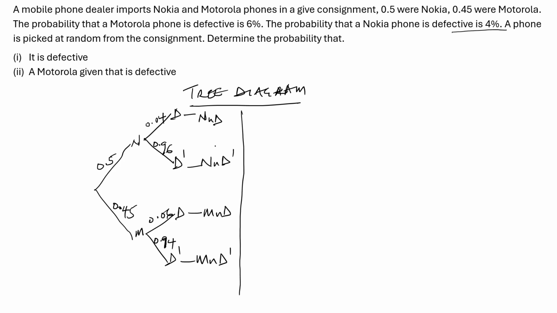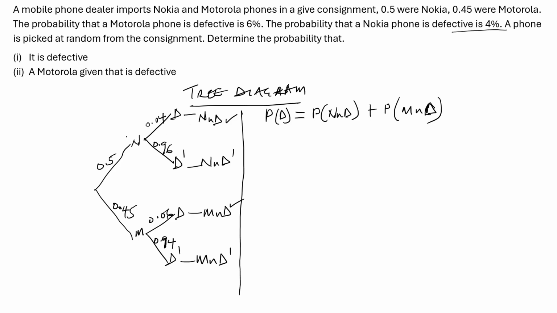Now, when I want probability of defective, it will be this line and this line. So this will be probability of N intersection D plus probability of M intersection D. So let's substitute those values.